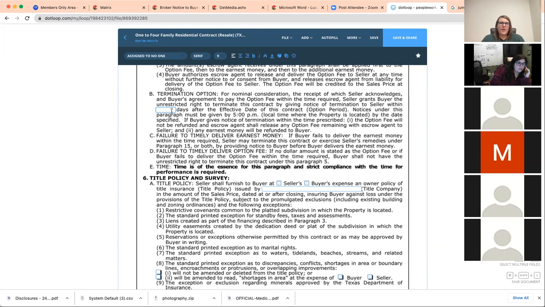I've seen 0, waiving the rights, and I've seen 3 to 5 days. You still got to get an inspector out there if you are going to do an inspection. Typically you need at least 3 days to do the inspection, read it, and negotiate. Otherwise, just waive the inspection if they're not going to do one. But you'll need at least 3 days realistically to negotiate if you're going to have an option period.